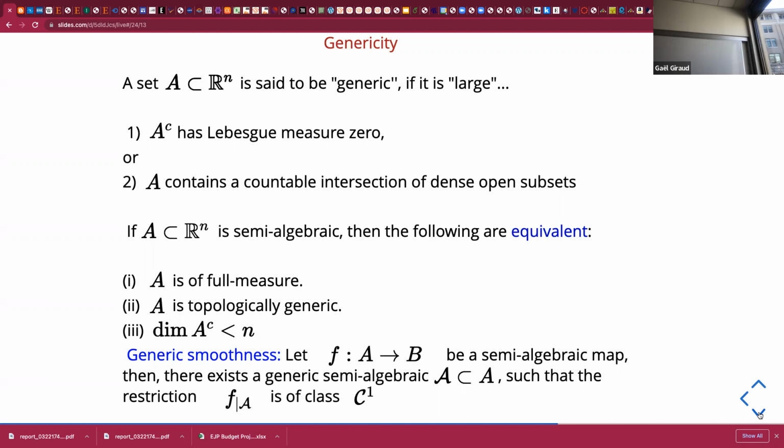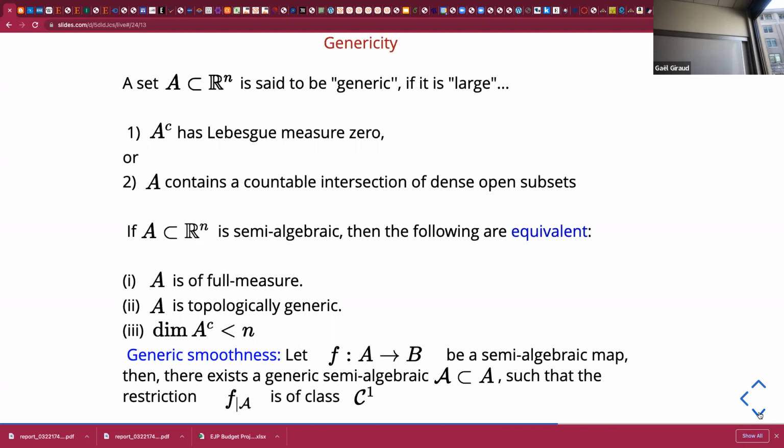Now, for instance, there is a nice theorem in real algebraic geometry, which tells you that if you have a map between two semi-algebraic subsets, which is itself semi-algebraic in the sense that the graph of the map is semi-algebraic, then there exists a generic semi-algebraic subset of the domain such that the restriction of the map to this generic subset is smooth, which is definitely not true if you forget semi-algebraicity.